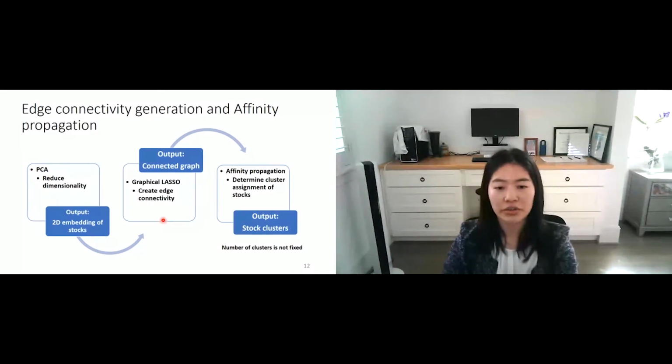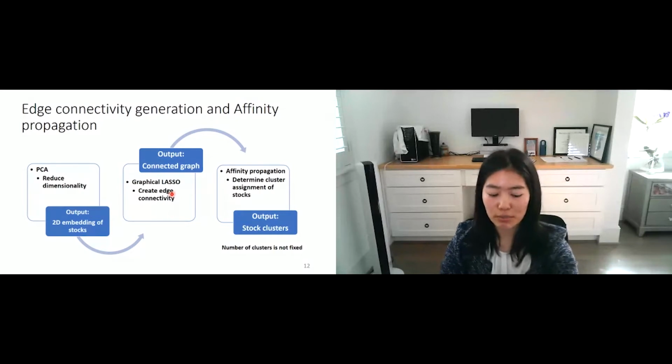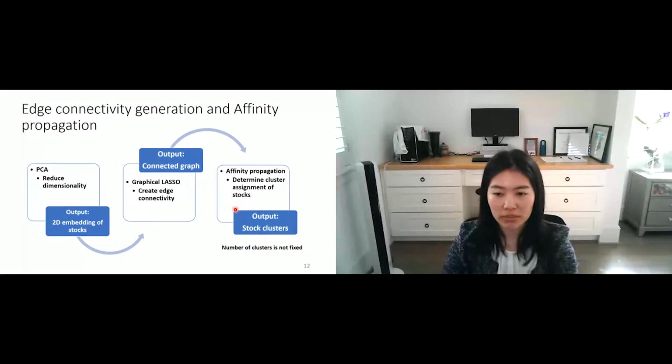And graphical lasso gives the edge connectivities. And it also increases sparsity, so we do not have a fully connected graph. And that is the input to affinity propagation, which gives the cluster assignment of the stocks. And affinity propagation changes the number of clusters every quarter.